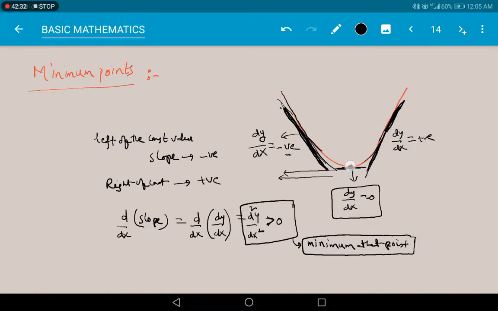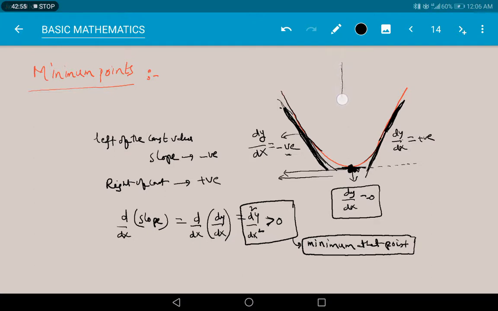That means as x value increases, the slope value will also increase, like this. That means the slope becomes positive.